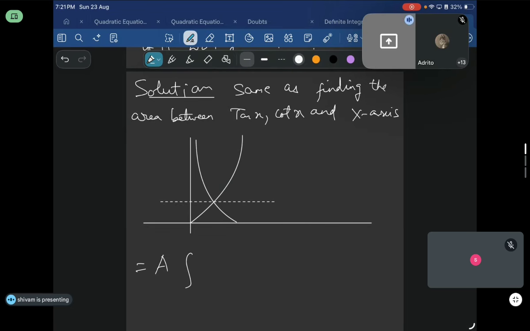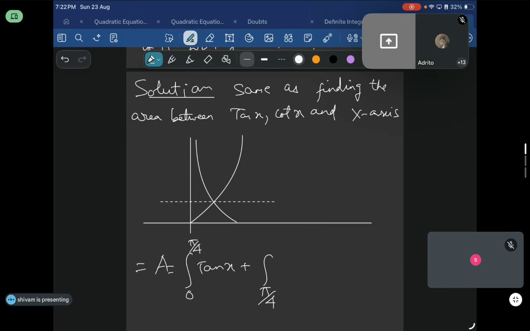So integral from 0 up to pi by 4 is tan x, plus integral from pi by 4 to pi by 2 is cot x.